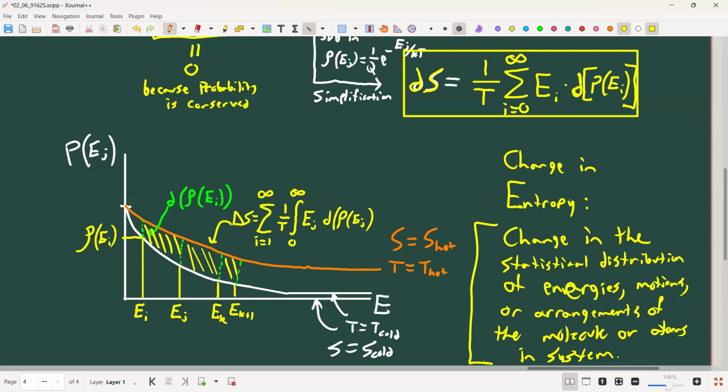Now, remember when we first introduced entropy, I said the entropy is linear and monotonically increasing, meaning that as you put more energy in, the entropy goes up. And it should be clear now why that is. Because as you start to heat the system, the probability distribution rises in probability.